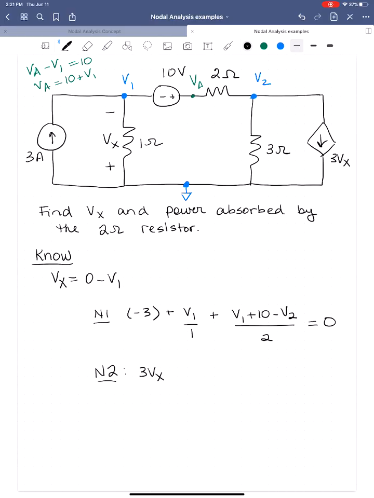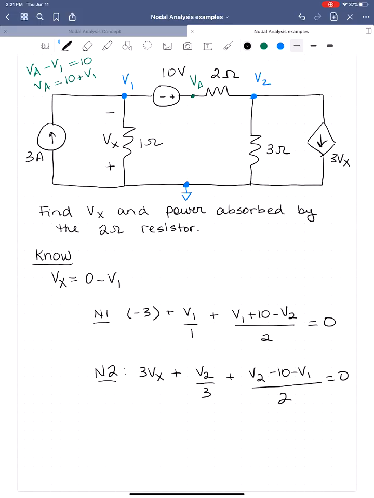Remember, it's the current, and the current is 3 times Vx, plus the current flowing down, which is going to be V2 minus 0 over 3, plus the current flowing to the right. We want the current flowing in this direction. So it's going to be V2 minus VA over 2, or V2 minus 10 minus V1 all over 2 is equal to 0.